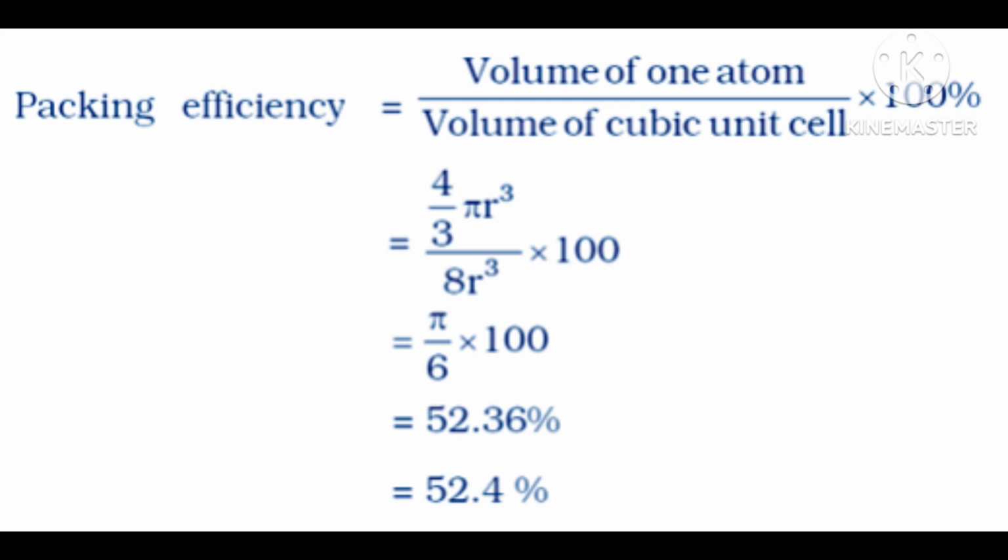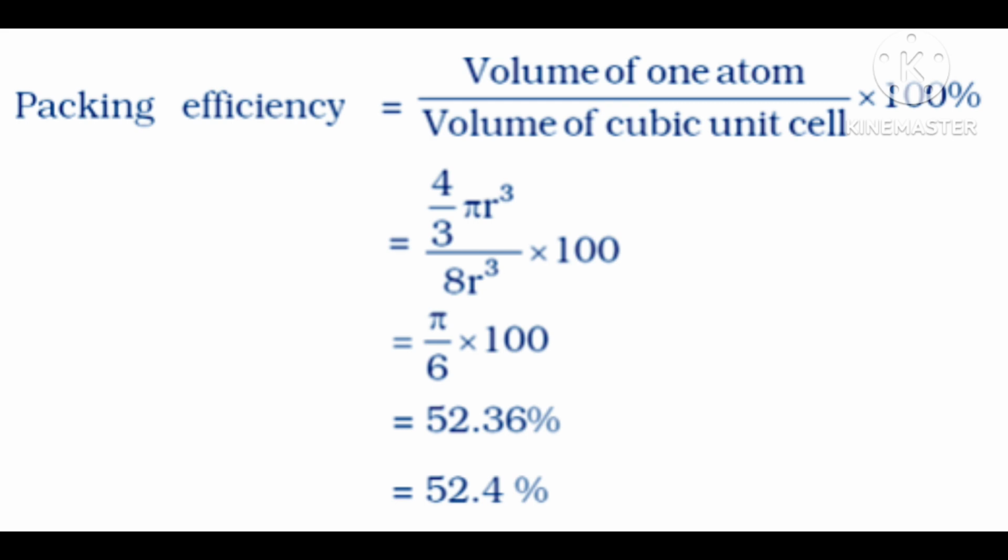After that, apply the concept: think over what data they have given in the question. Density D is equal to Z into M divided by a cubed into Avogadro number, N A. Avogadro number is written as capital N with subscript A. Then four things are required: Z, M, a and N A.